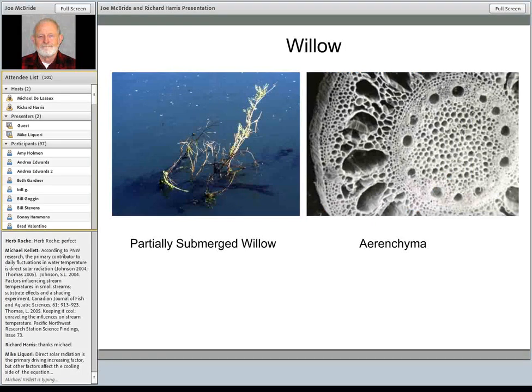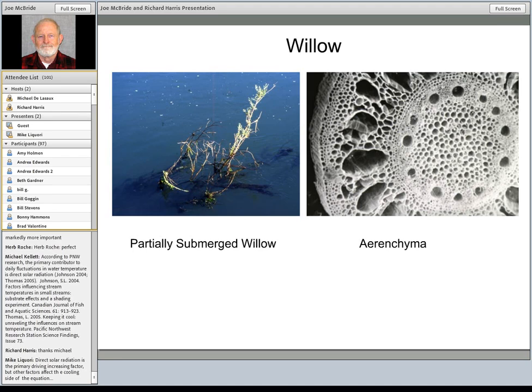Some species have evolved capacities to deal with inundation. Willows in particular are noted for their parenchyma tissue, which is a set of pores that extends through the stems of the willow up into the upper branches that allows oxygen to be taken in through the bark and move down to the roots, which, along with the lower portions of the willow, may be underwater, may be deprived of an external source of oxygen, but this tubing, if you will, allows for oxygen to supply the roots of willows.